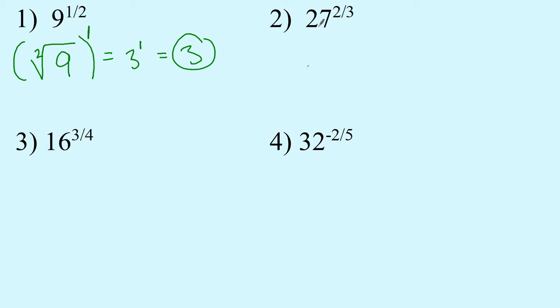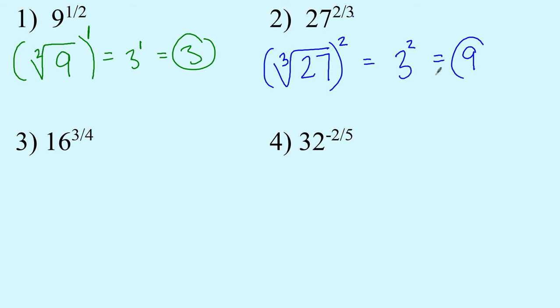Number 2, 27. Leave that large. Write your radical. The denominator is your index. The numerator is your power. The cube root of 27. Okay, hopefully we know by now that's 3. Then 3 squared is 9.